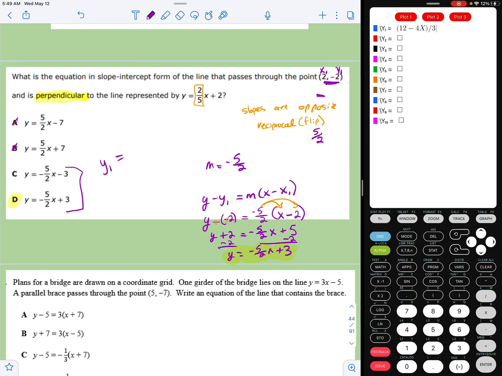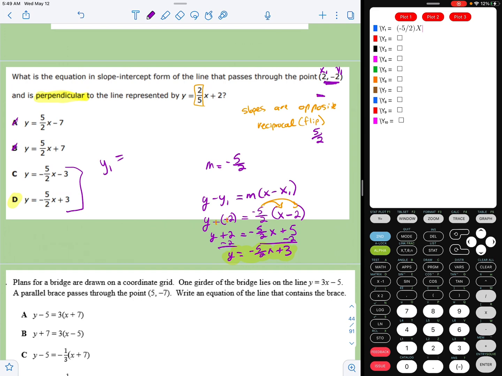So to show you how to do that, we go into y equals. We're going to clear what's there. And we're going to plug in -5/2x. May want to put that in parentheses, so let's do that. And the x should go on the outside of our parentheses here.